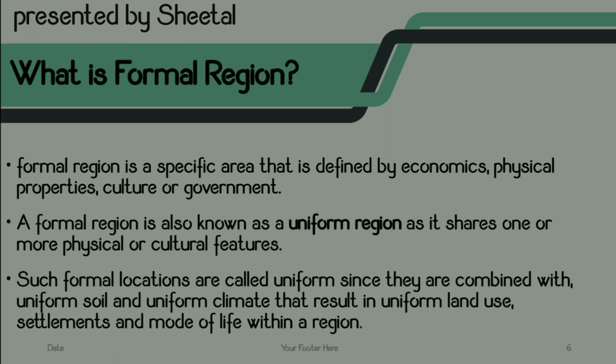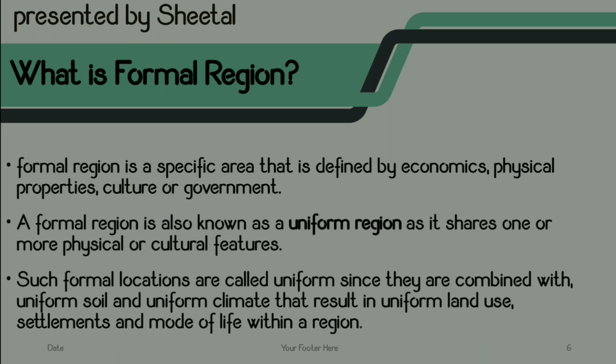So what is a formal region? A formal region is a specific area that is defined by economic and physical properties as well as culture or government. A formal region is also called a uniform region, as it shares one or more physical and cultural features.